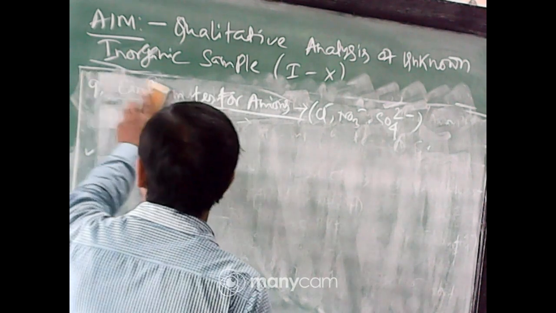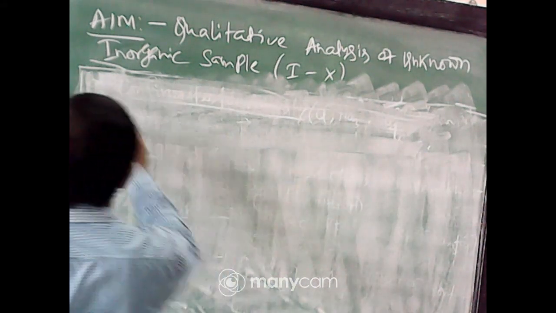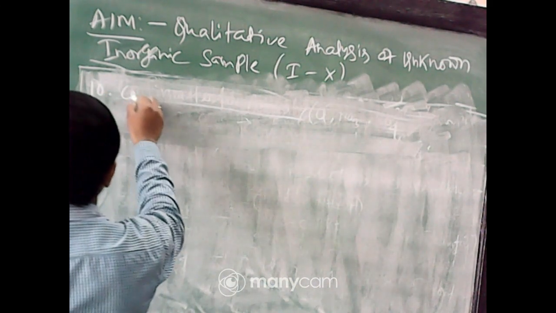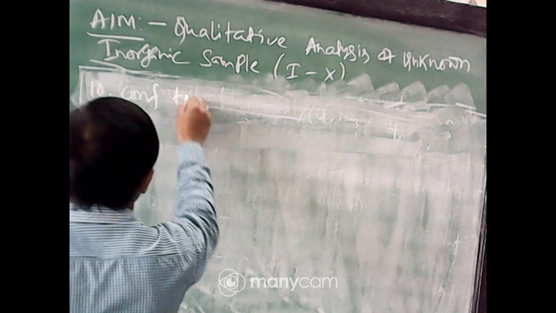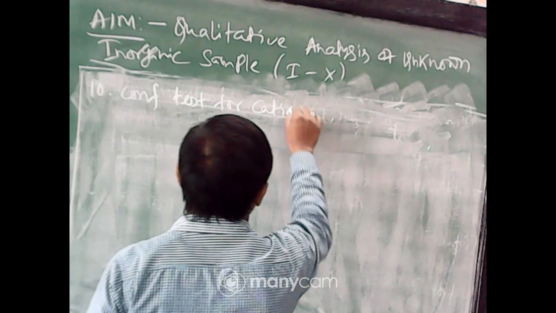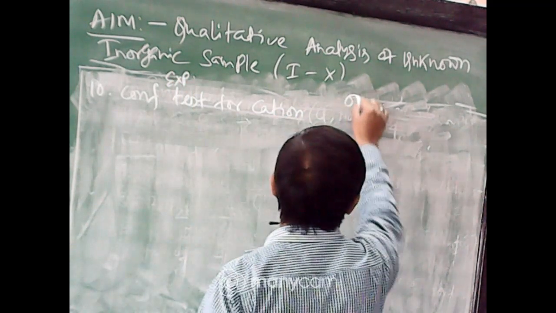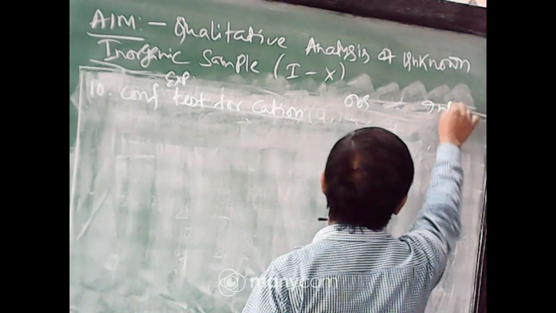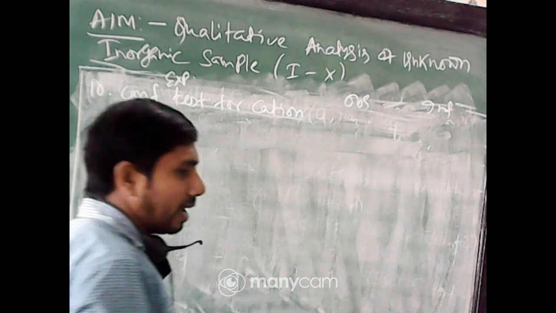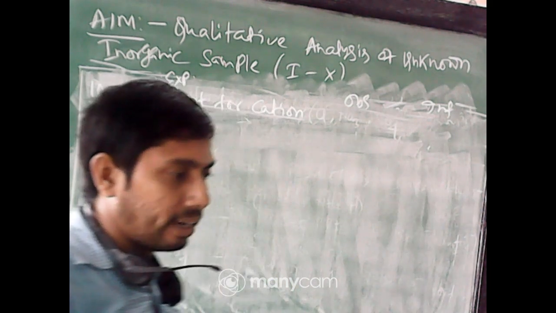Now we are at number 10, the confirmative test for cation. This is in the experiment section, observation and inference. This chart, as we started at the beginning, will continue to the end.